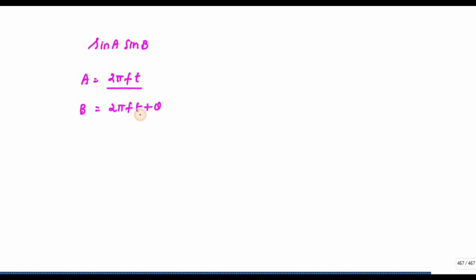So you can see the frequency is the same, but there is a difference in the phase angle. The sine A sine B formula is 1 by 2 of cos A minus B minus cos A plus B. Let me substitute in this formula.